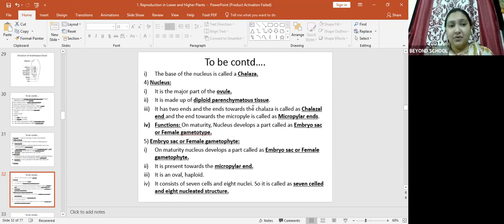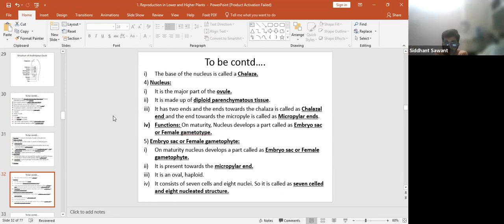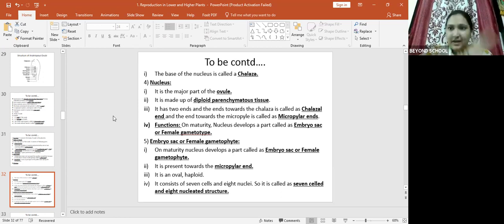Understood. Before we studied with what? Before we studied with your writing part is over, dear? Not of this slide. Yeah, write it down so that I'll revise it: male gametophyte, female gametophyte, and I'll start with the embryo sac. Okay, so that it will be interlinked, dear. You can write it down full about this whole slide and you can tell me, ma'am, it's over, right?